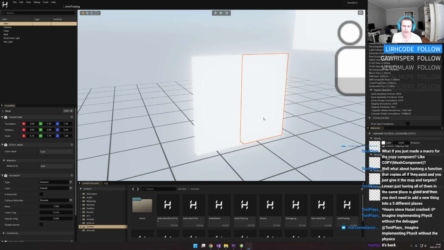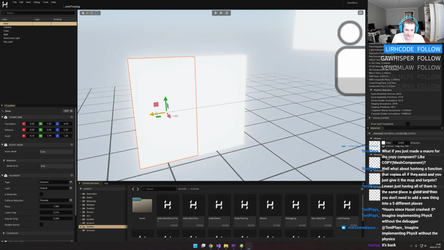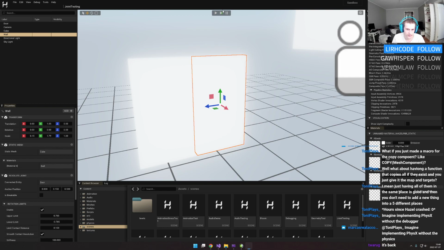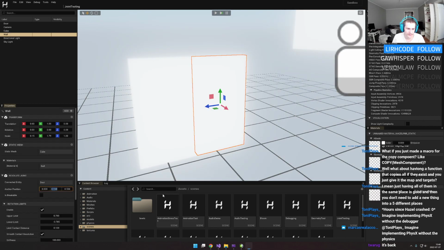Cool. Now I'm curious, what if I move this, say, here, and we set this back to 0?